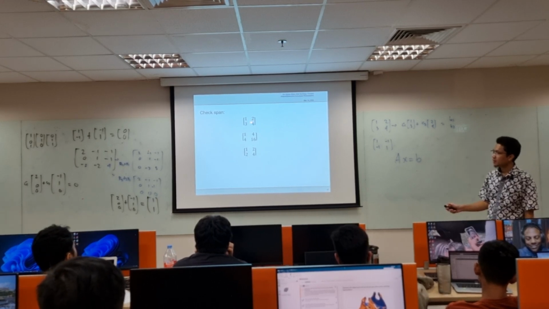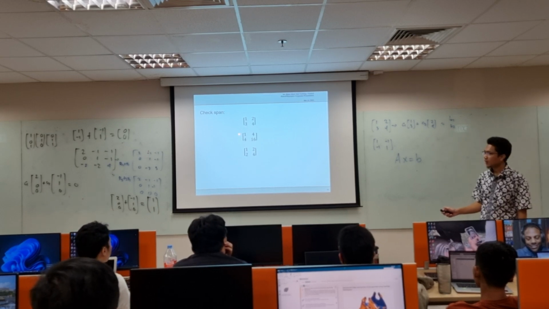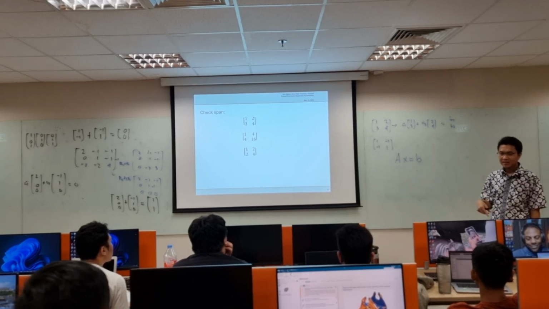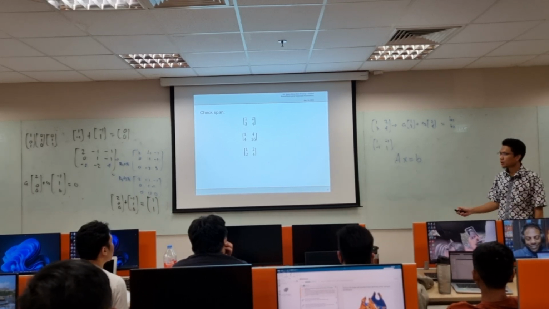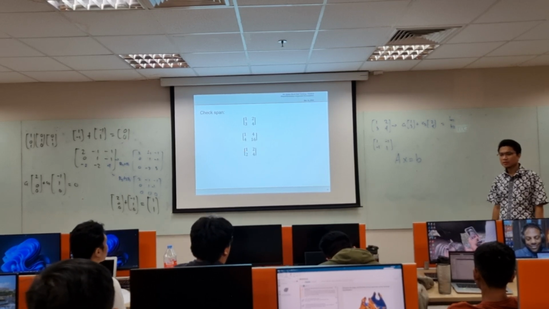Okay, what's the span of this? R2. And the span of this will be a subspace in R2. Yes, this one also, a subspace in R2. The span is a subspace in R2.